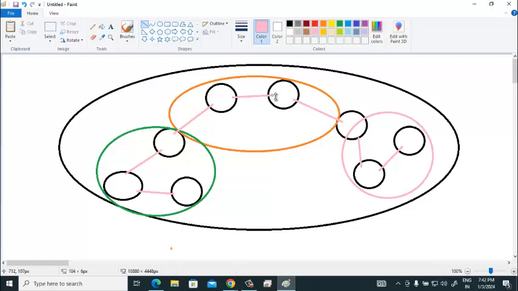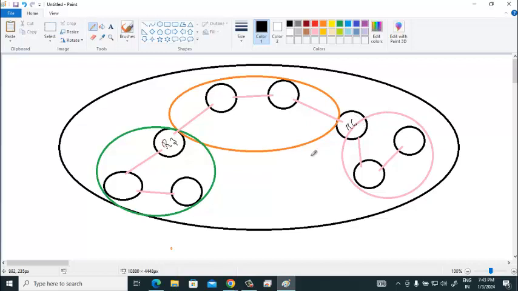So if you notice, this one router which is on the border, let me call this router 3, and this is router 6.